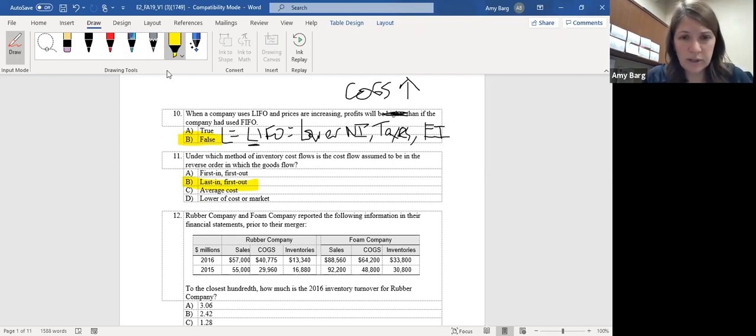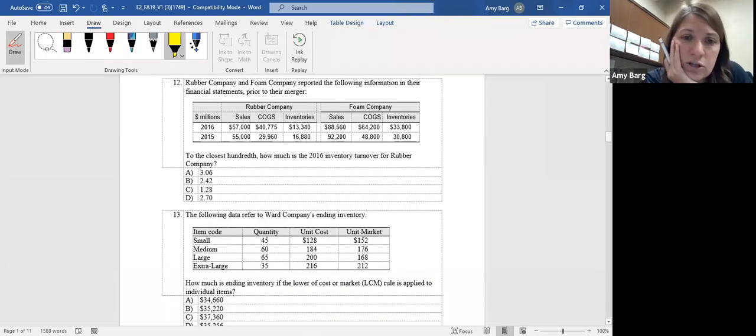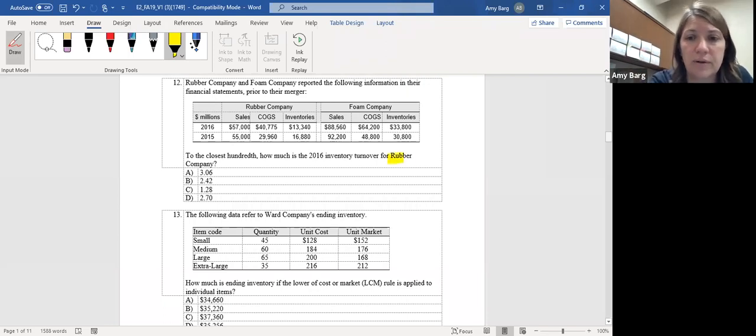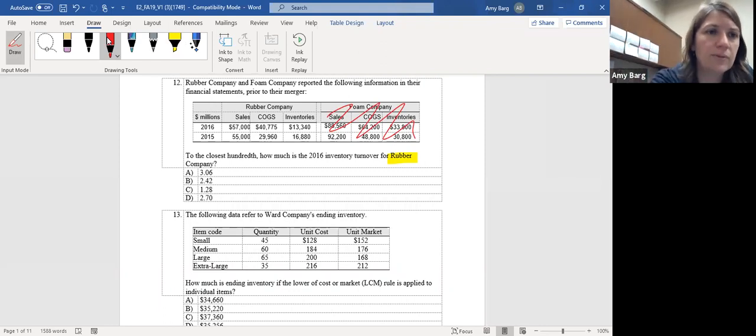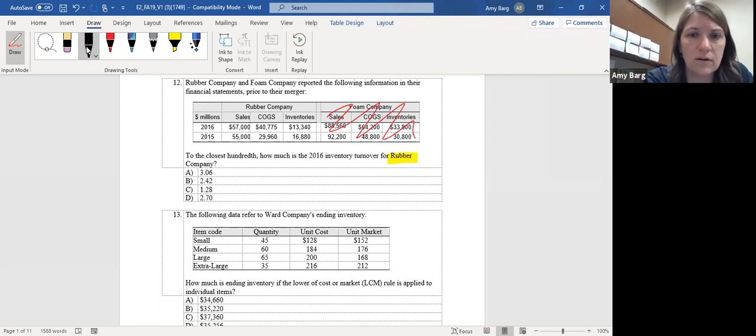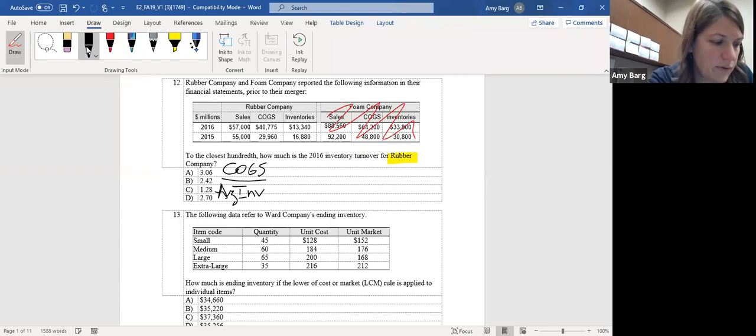Okay, number 12, rubber company and foam company reported the following information in their financial statements prior to their mergers. To the closest hundredth, how much is the 2016 inventory turnover for rubber company? So we want rubber, so we're going to just cross out foam. We don't care anything about foam. Now, inventory turnover is cost of goods sold divided by average inventory.